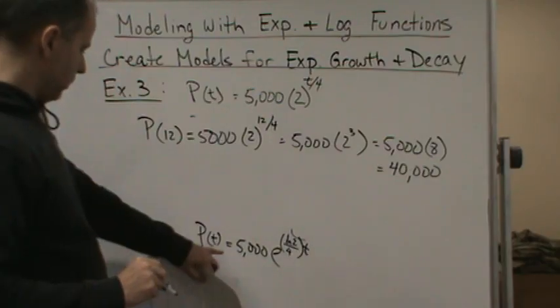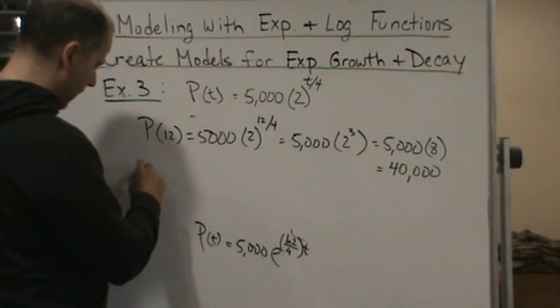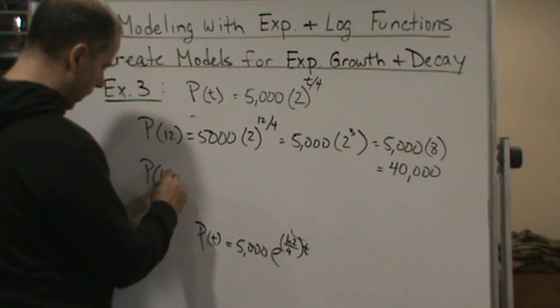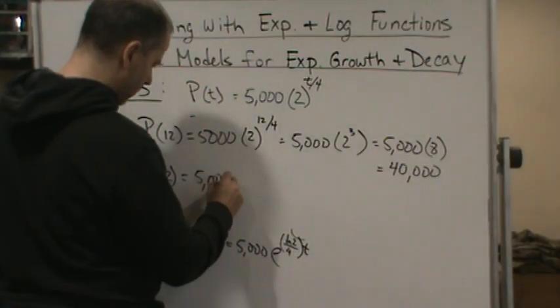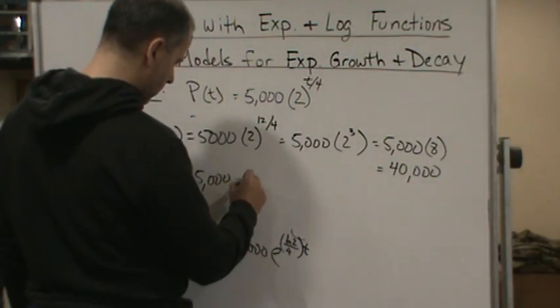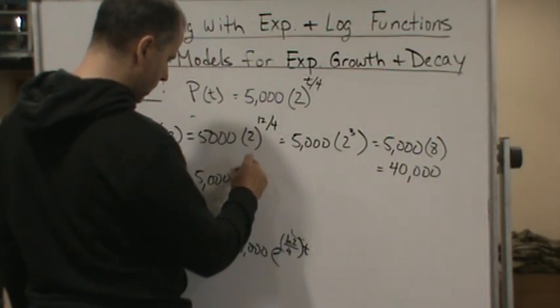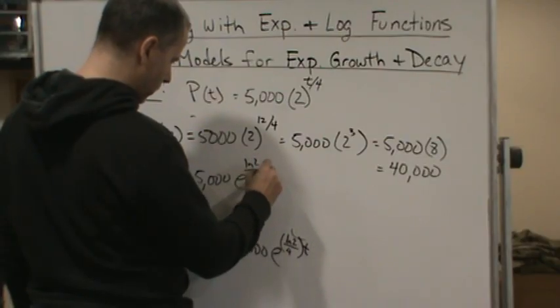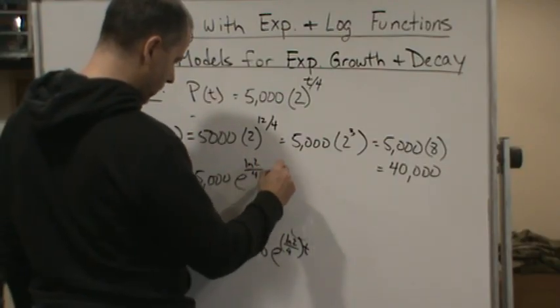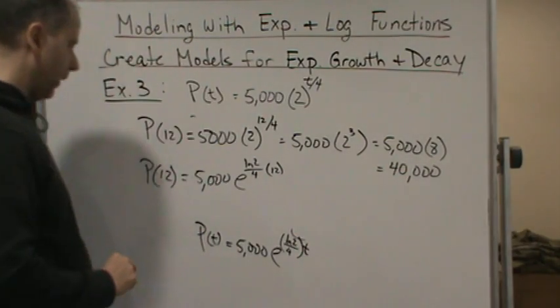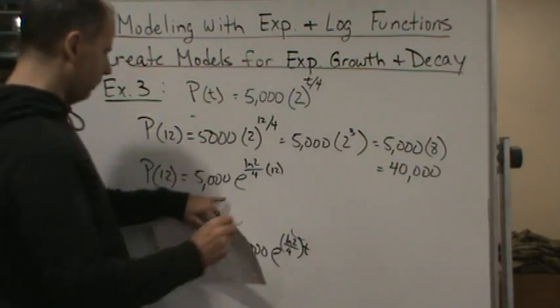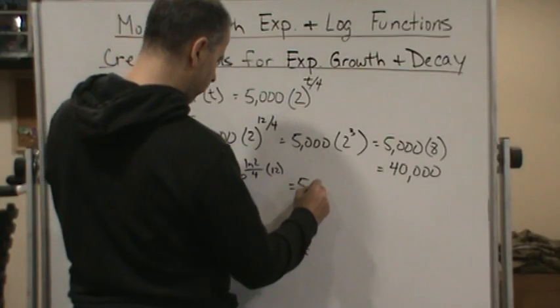Now, let's do the same thing using this one. So we've got P of 12 equals 5,000 times e to the natural log of 2 divided by 4 times 12. Okay? Now, this is going to equal 5,000.